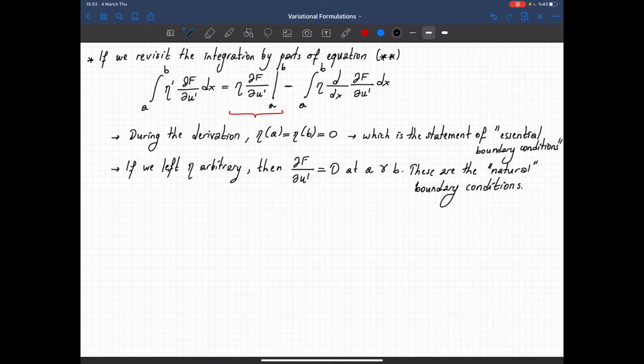So let's summarize. We have a functional, and if we use that functional for the solution, in our case it's the energy, that's a weak form solution.